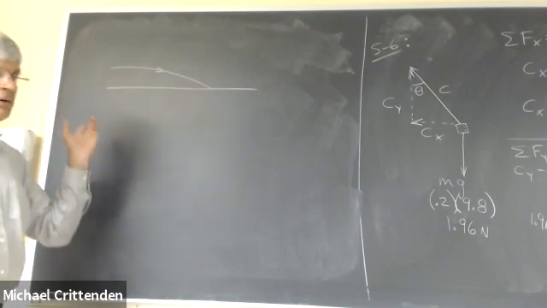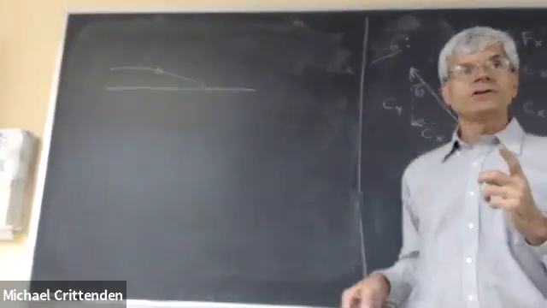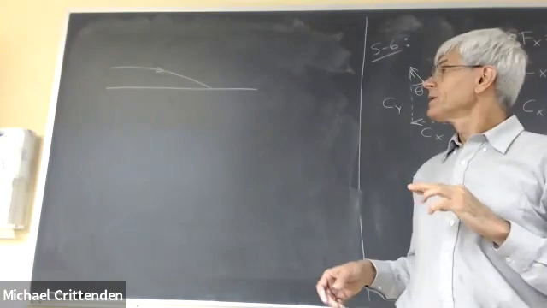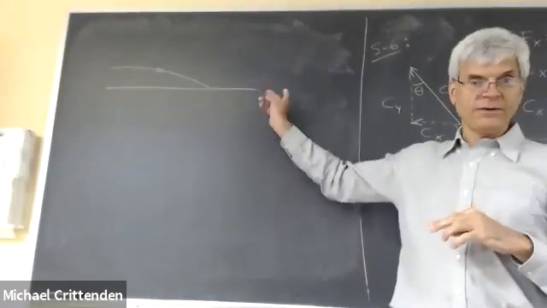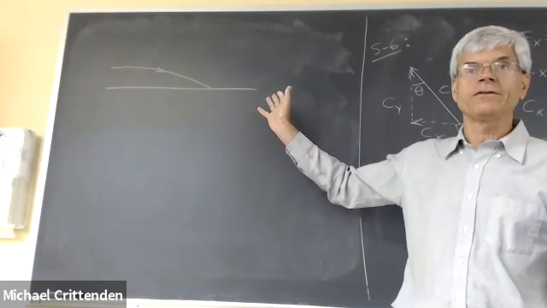Now, I've just oversimplified one little detail in this diagram, which is, as you've probably heard, the world is not flat. Over the size of a typical baseball field, the curvature of the Earth makes no difference.